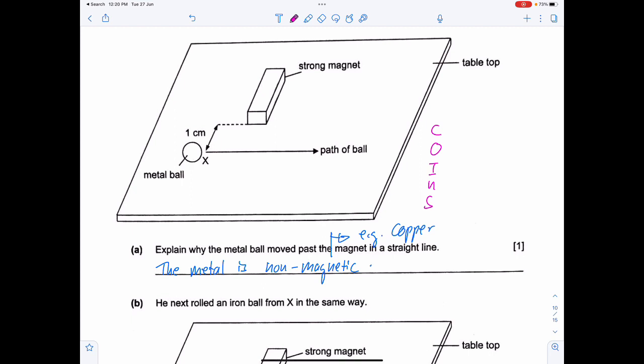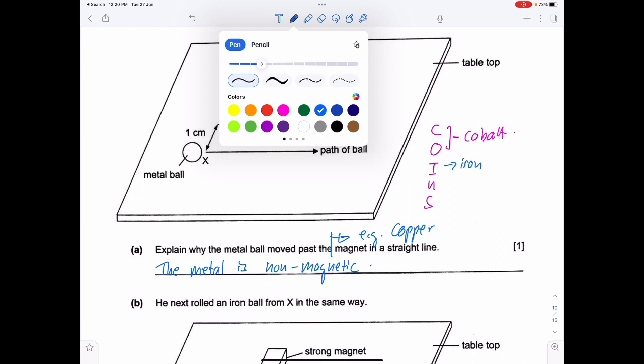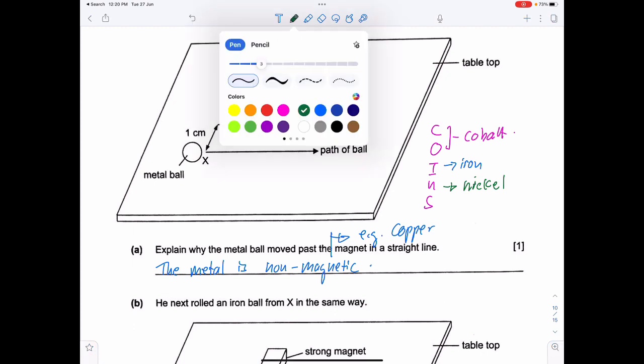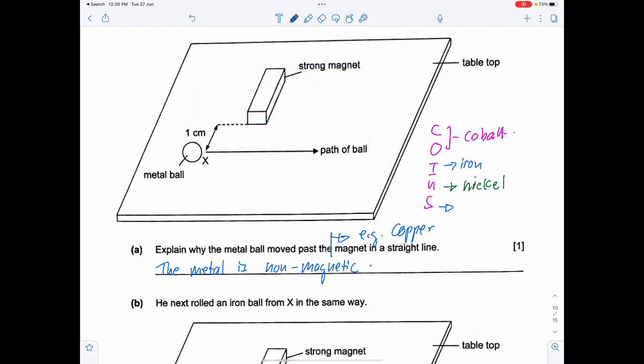C is cobalt. O is iron. N is nickel. S is steel. Okay, I'm writing it down. Please pen it down. You can never be too careful.